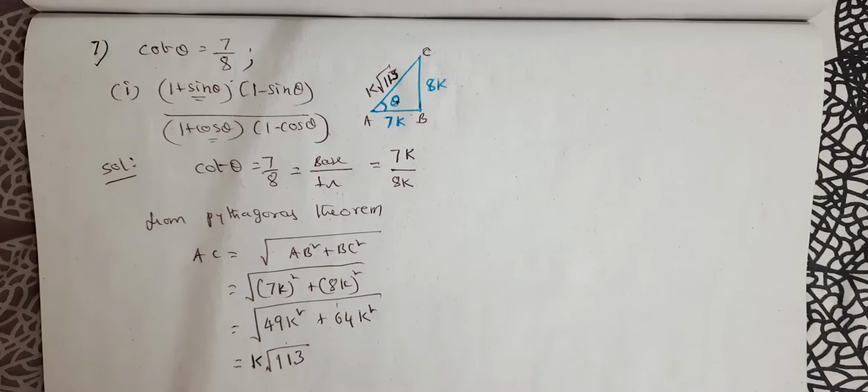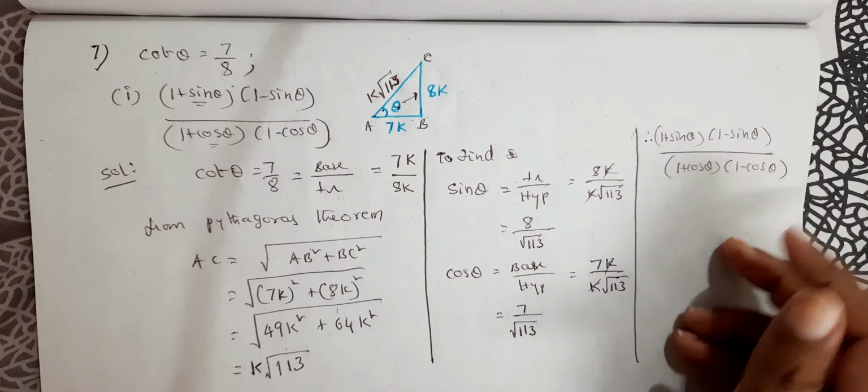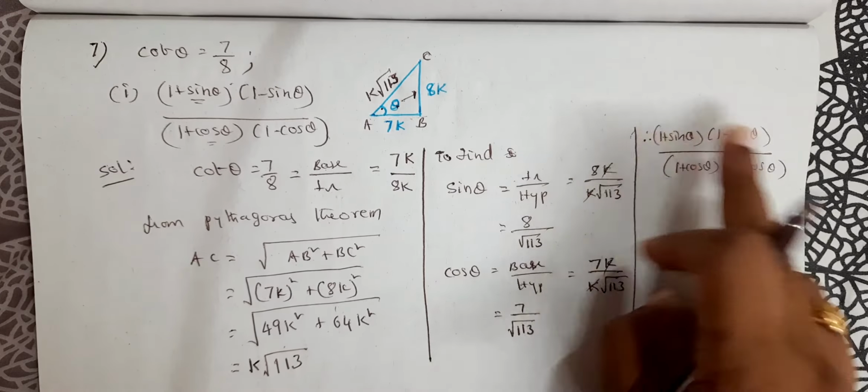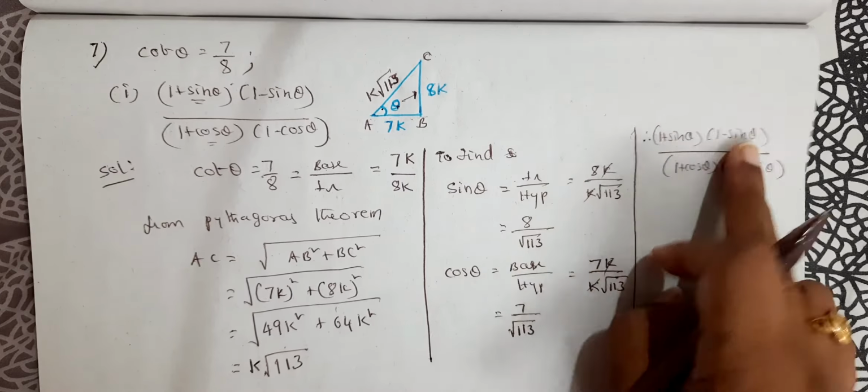So therefore, (1 plus sine theta)(1 minus sine theta) divided by (1 plus cos theta)(1 minus cos theta). Here you can directly substitute the sine theta value, or you can use a plus b into a minus b right here. I am doing it now itself because my job becomes easy while substituting.